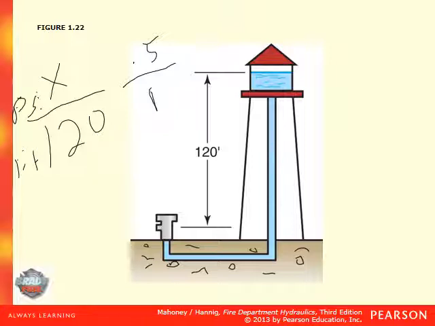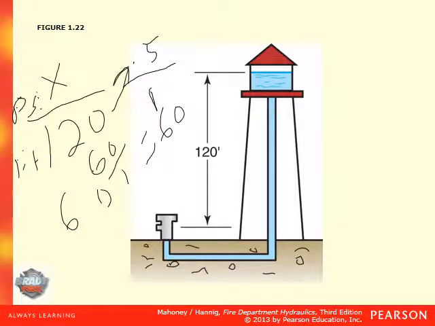Now don't forget to do your decimal, otherwise it's going to mess you up. So basically it's 120 times 0.5 divided by 1 is going to be 60. So 120 times 0.5 is 60, and then of course 60 divided by 1 is 60 pounds per square inch of head pressure right here.